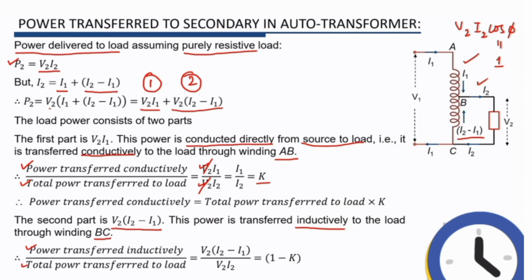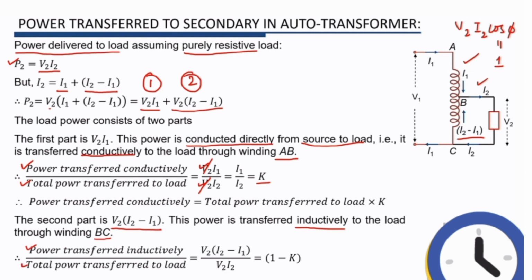According to the transformation ratio, I1 by I2 is equal to K. So the power transferred directly through the AB winding is equal to the total power transferred to the load times the constant K, and the second part of the power is V2 (I2 minus I1). This is the power transferred indirectly to the load through the BC winding.